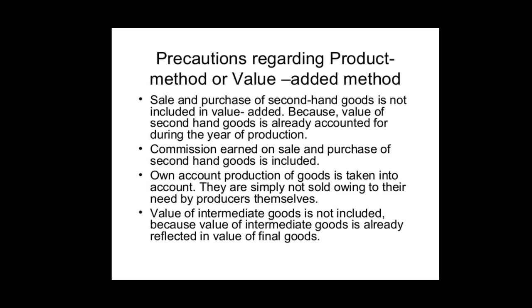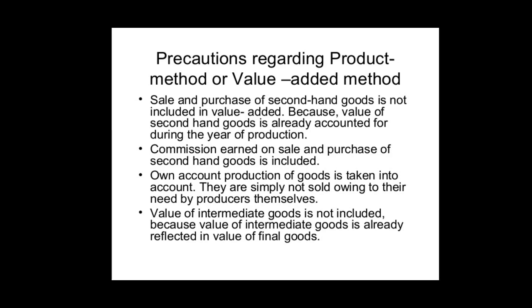However, any brokerage fee or commission paid on any sale or purchase of second hand goods ought to be included in the calculation of national income because this is a new service rendered in current year.